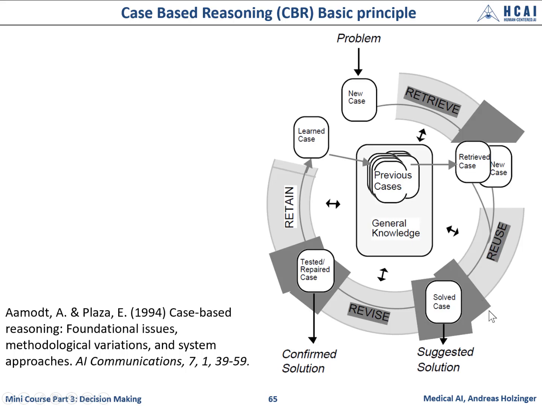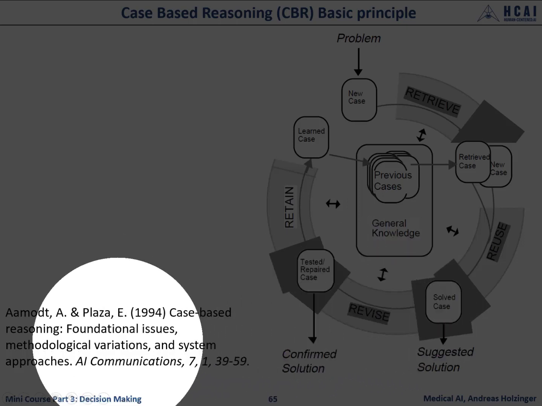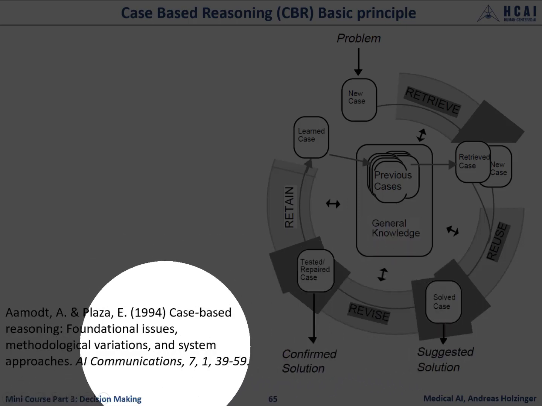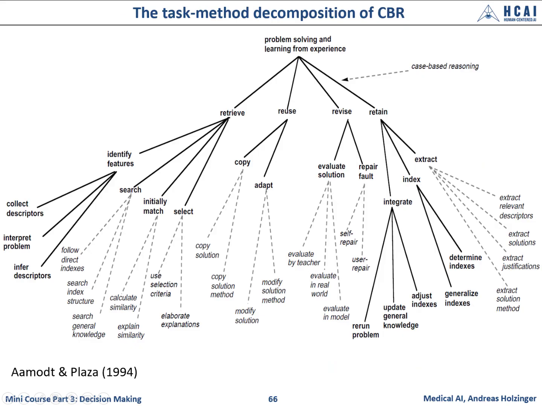So this is long time in use and is still state of the art. And you see this is a paper from 1994, and this was published in Artificial Intelligence Communications in 1994. Very good example. In this slide we see again the task method structure.